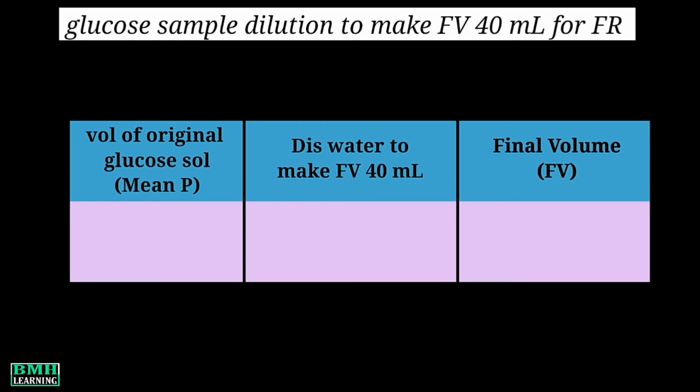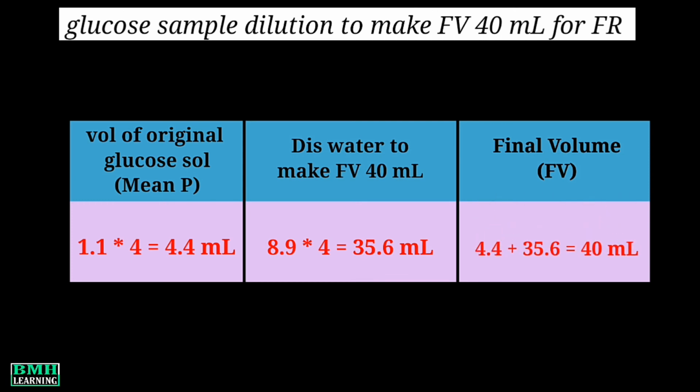So that means the amount of original glucose sample is going to be 4 times. That is, the P value, which is 1.1 ml, is multiplied by 4. This gives us 4.4 ml. And the volume of distilled water to make the final volume 40 ml is 8.9 times 4, which is 35.6 ml.